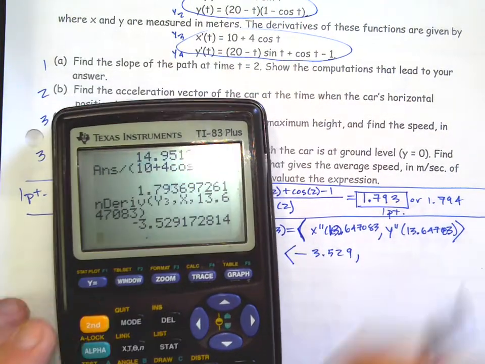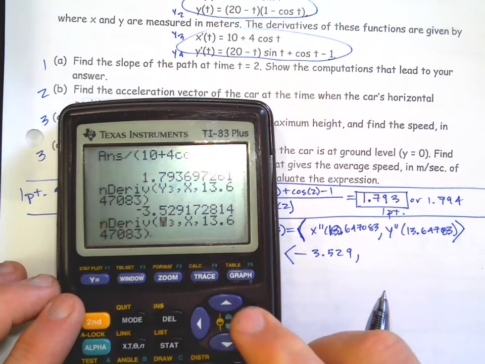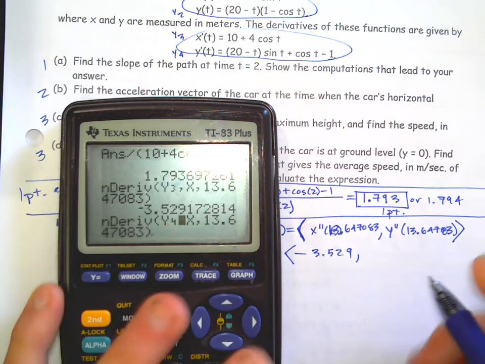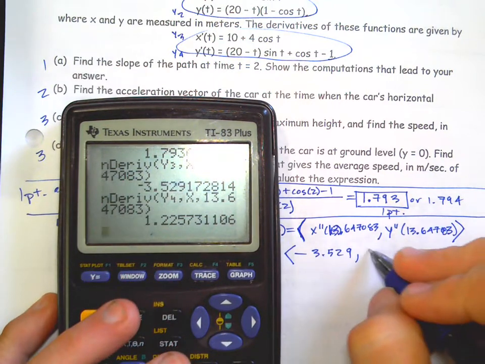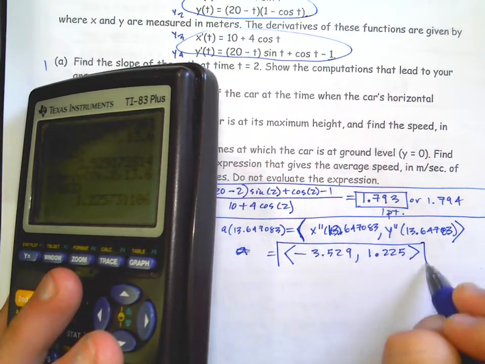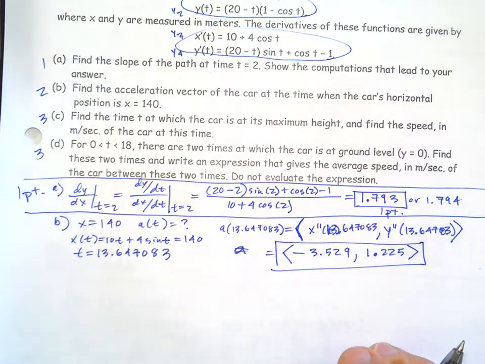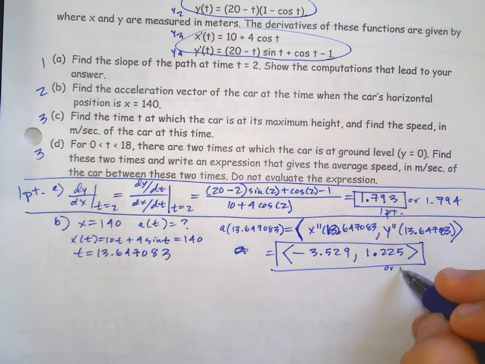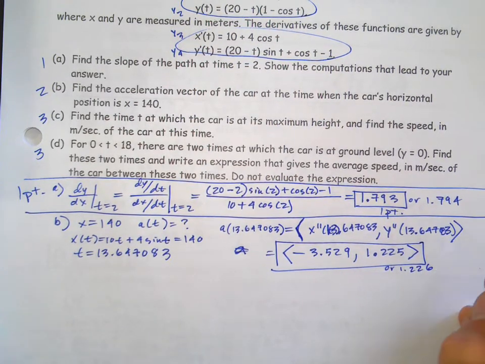And then the next one, it's going to be the same thing. I'm going to change this vars function to y4, 1.225. That should be your final answer, or 1.226. But that's it. So that's 2 points.